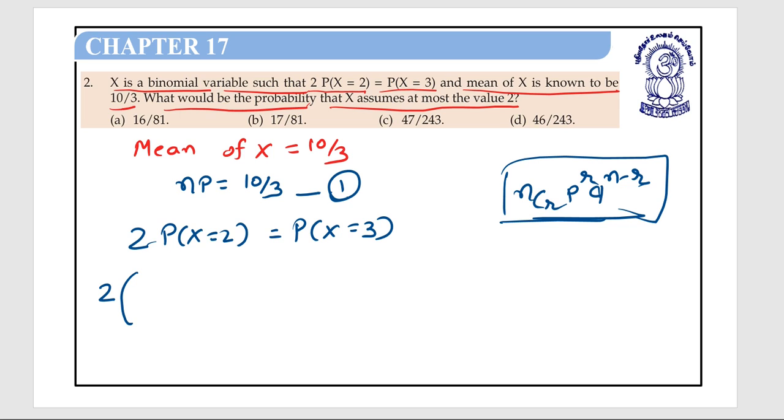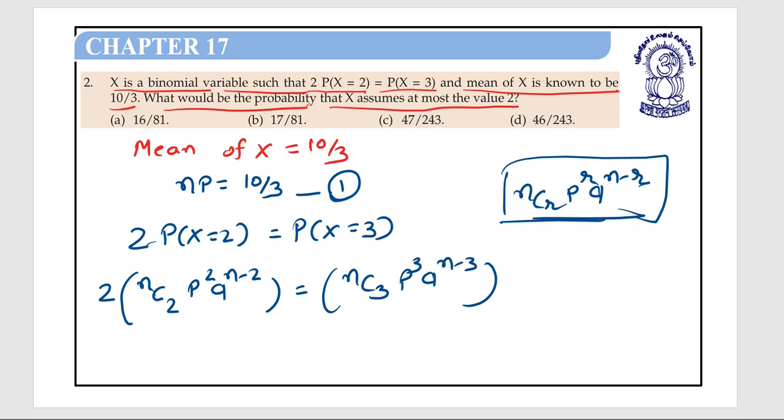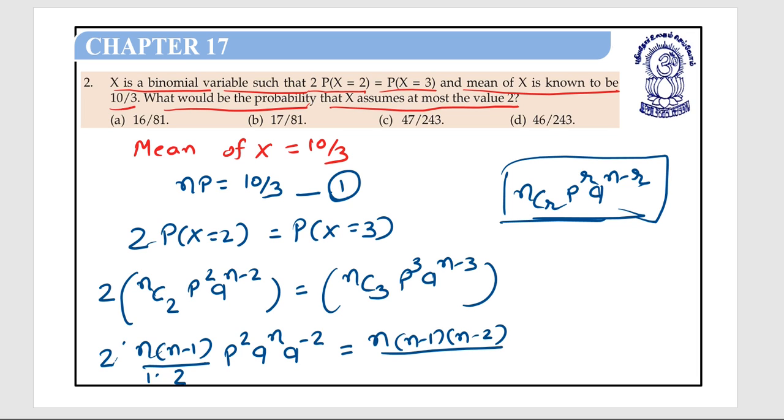So nC2 p square q raised to n minus 2 is equal to nC3 p cube q raised to n minus 3. 2 into n into n minus 1 upon 1 into 2, p square q raised to n, q raised to minus 2, is equal to n into n minus 1 into n minus 2 upon 3 into 2 into 1, into p cube into q raised to n, q raised to minus 3.